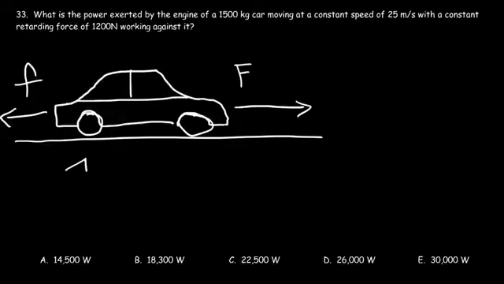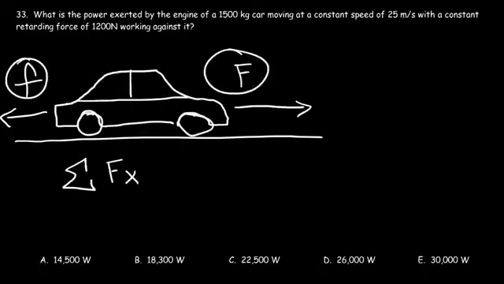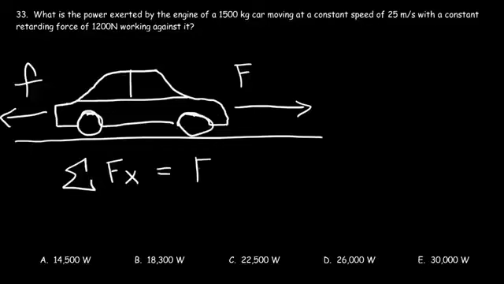So the net force in the x direction is the difference between these two forces. The first force is in the positive x direction. That is the applied force, so that's going to be positive. The retardant force is in the negative x direction, so it's going to be negative.